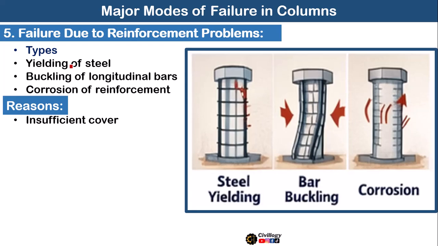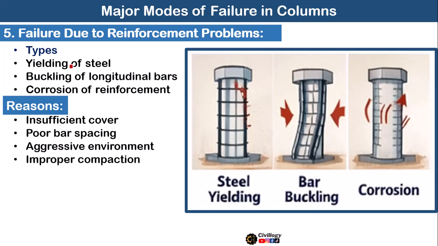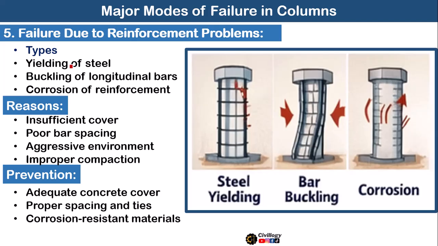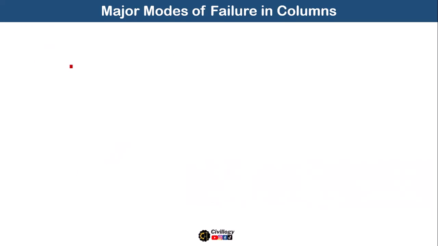What are the reasons? It is due to insufficient cover, poor bar spacing, aggressive environment, and improper compaction. How to prevent the failure which is due to reinforcement? Okay, the first one is adequate concrete cover, proper spacing and ties, corrosion resistant materials, and regular inspection and maintenance.